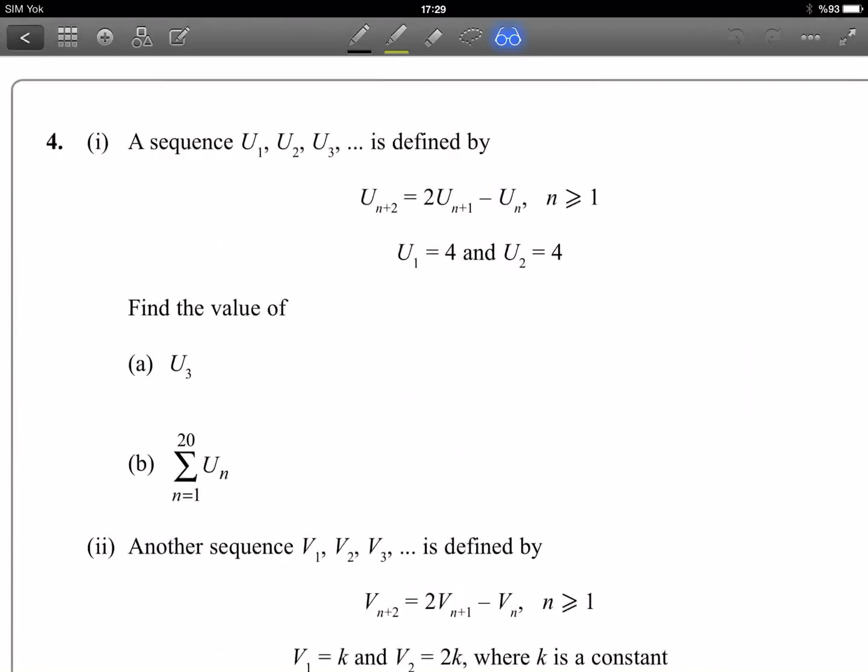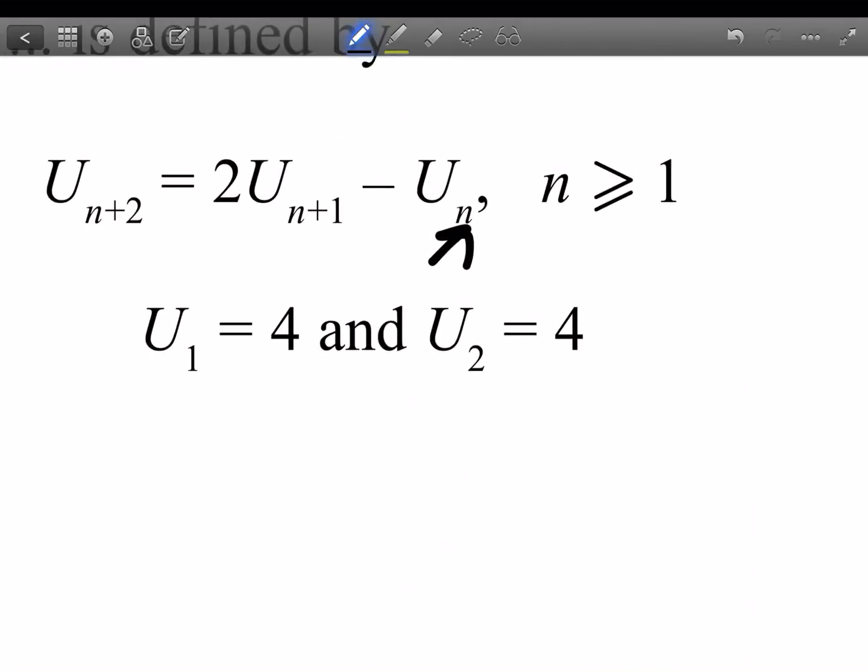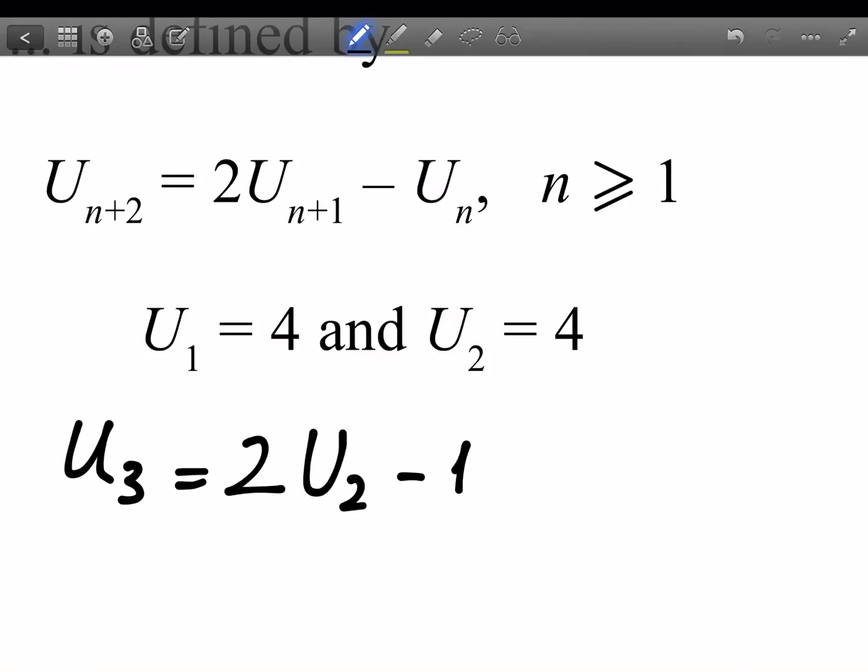Okay, what about the fourth question? Here we have a sequence u sub 1, u sub 2, u sub 3 defined by this equation. It is really easy. Just put 1 in the equation instead of n. We get, let's do it together, u3 is equal to 2 times u2 minus u1.